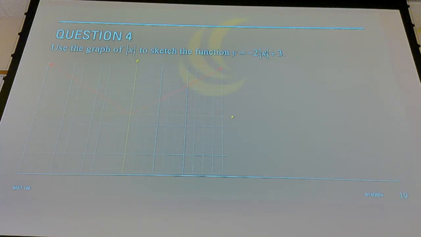-2 times absolute value of x plus 3. What kind of reflection?